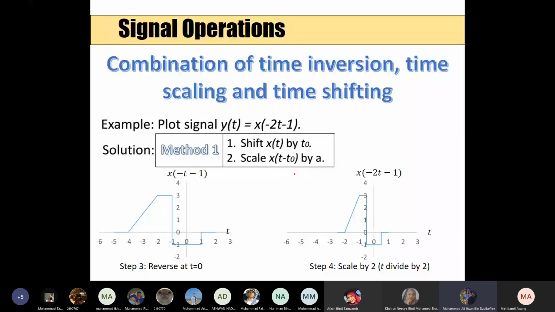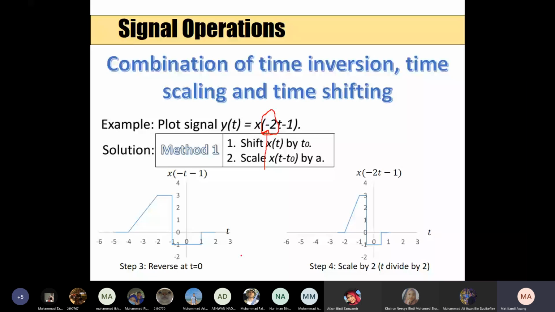What is a? Minus 2. So you scale. In this case, what it does is the time reversal first, because it's a minus sign. It reverses the original signal.